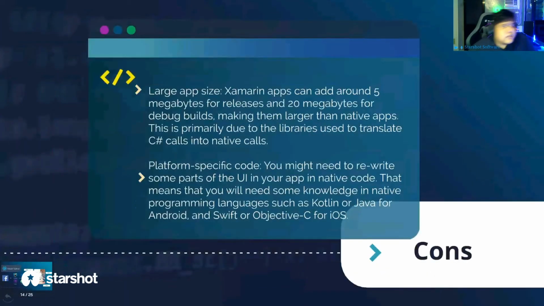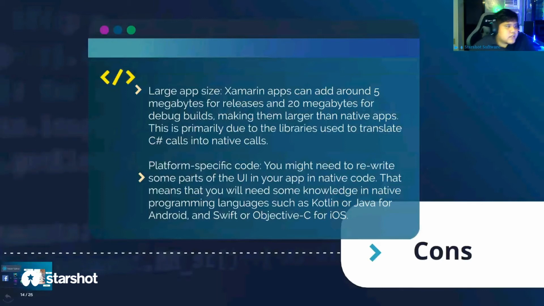The cons of using Xamarin is that when you create a build, it will add, I think, 5 megabytes or 20 megabytes of file size, because this is primarily due to the libraries used to translate C# calls into native calls.